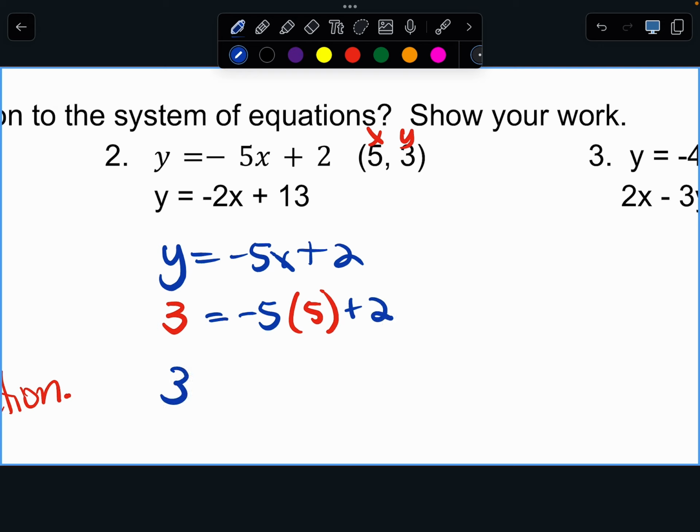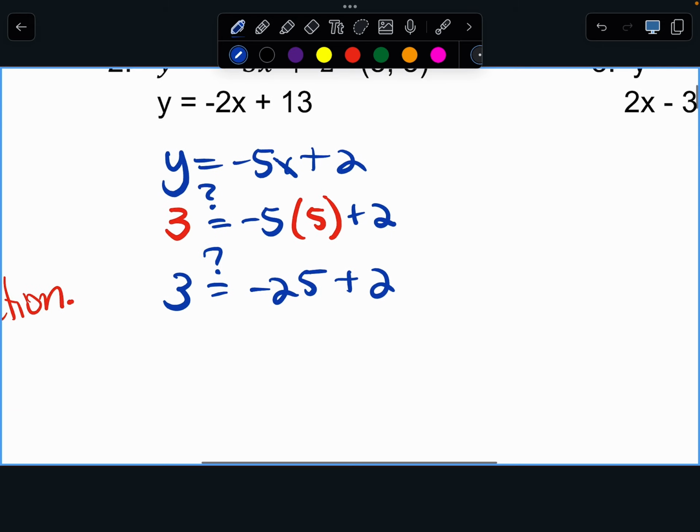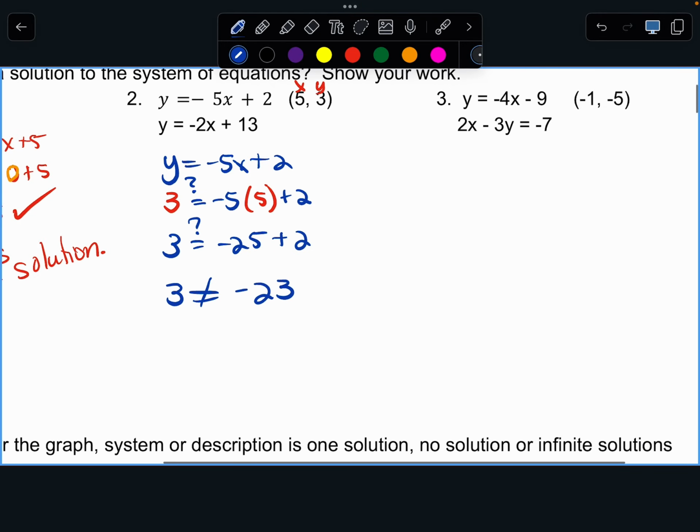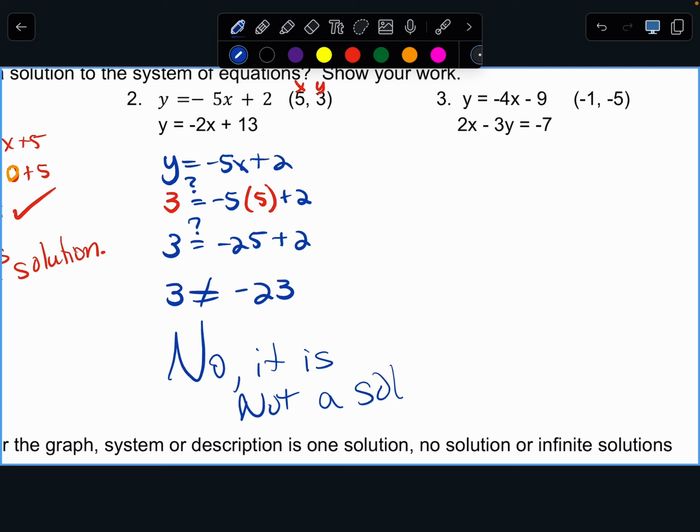And I get 3. Does this equal negative 25 plus 2? That would be 3 does not equal negative 23. So we don't even have to do the second equation. We already know, no, it is not a solution.